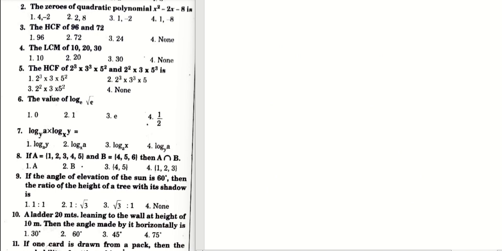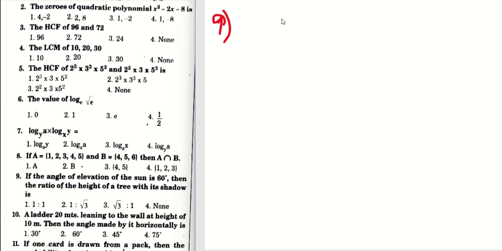So next we are going to discuss question number 9. If the angle of elevation of the sun is 60 degree, then the ratio of the height of a tree with its shadow is, what are they asking you here? They said very clearly angle of elevation. So what does angle of elevation mean here?